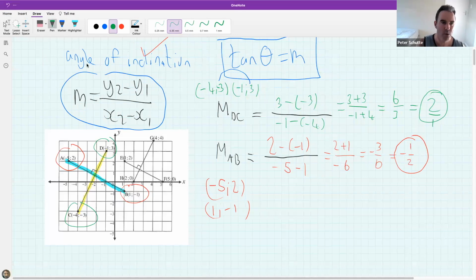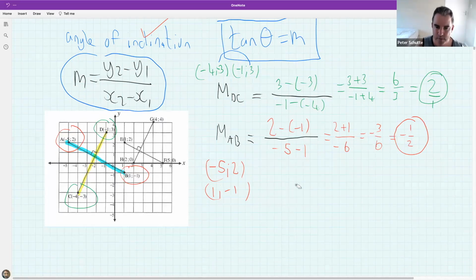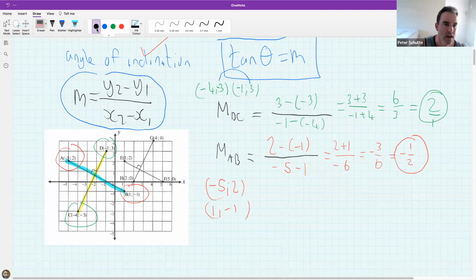What I want to point out to you is that when lines are perpendicular, so the line DC, if you look at the drawing, is perpendicular to the line AB. When you have perpendicular lines, there's a relationship between the two gradients. They're going to be negative reciprocals of each other.